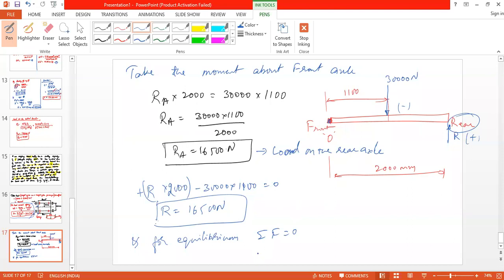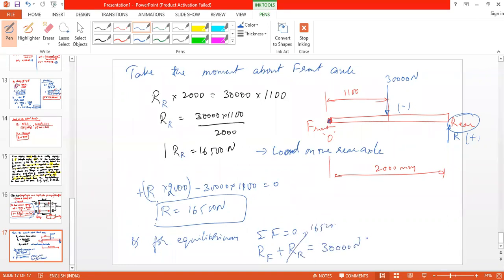The upward forces are the reactions at the front axle and the rear axle, RF plus RR, which equals 30,000 Newton.